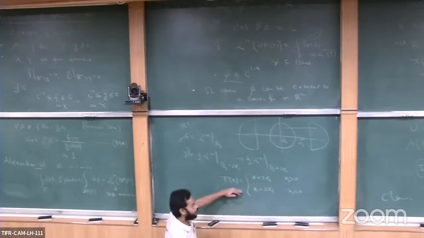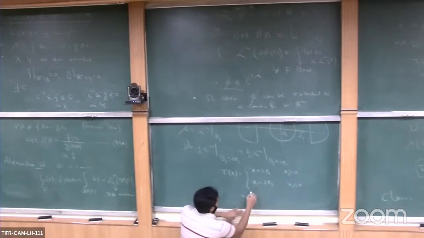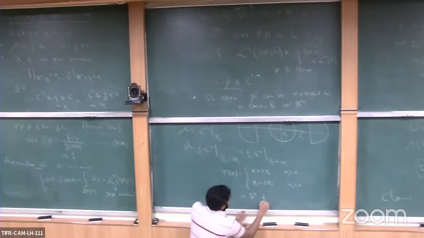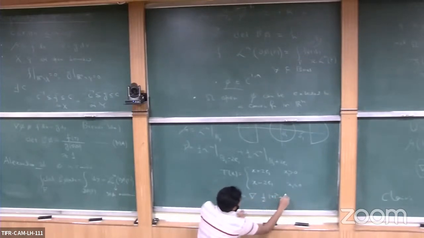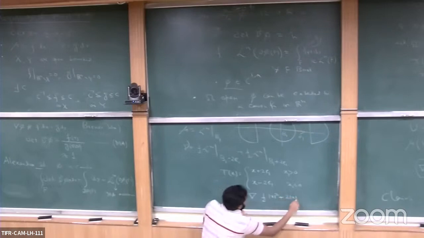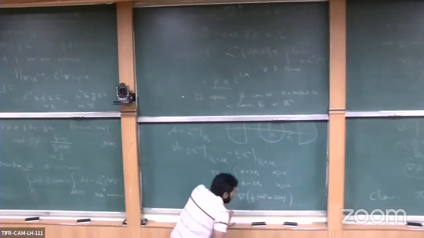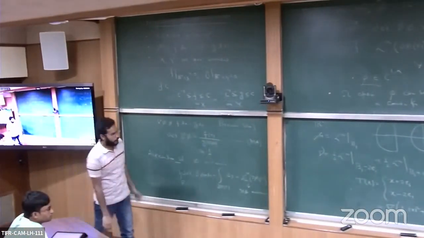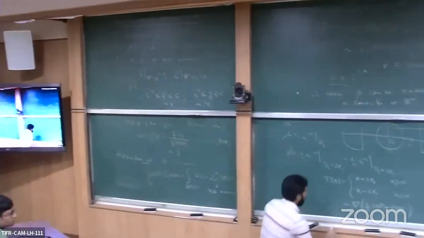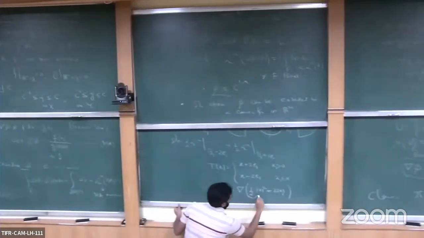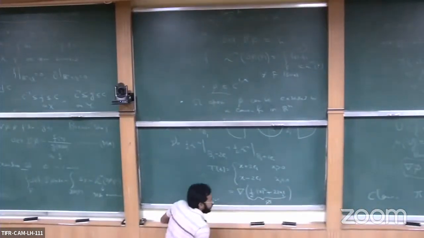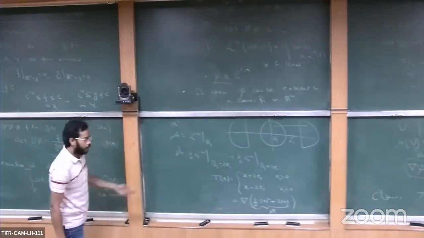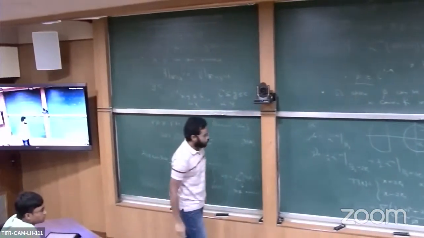Okay, and this map you can actually write as the gradient of a convex function, 2 times the absolute value of x1. So therefore, this must be optimal. So obviously, this map T is the optimal map, and therefore P is a Brenier solution.